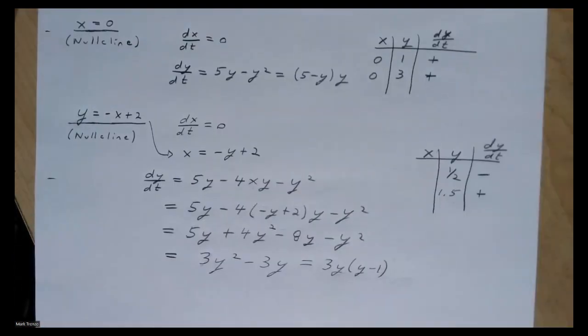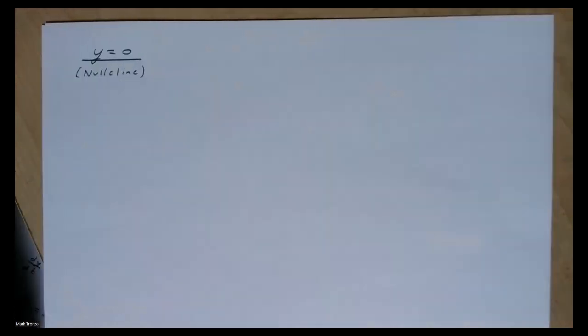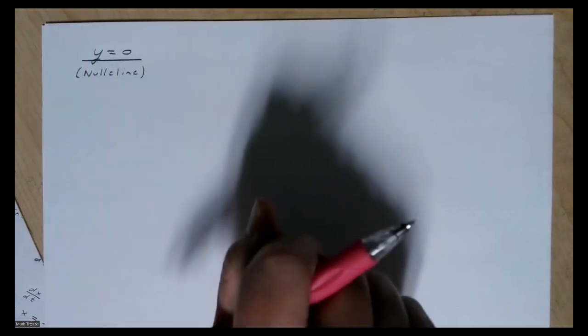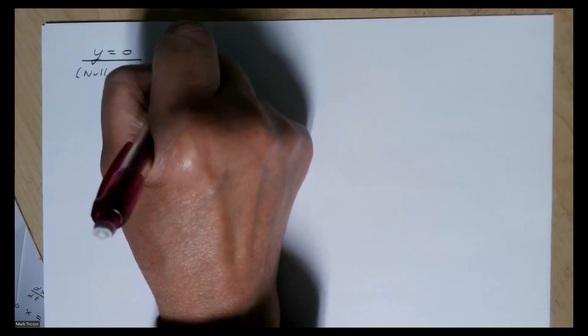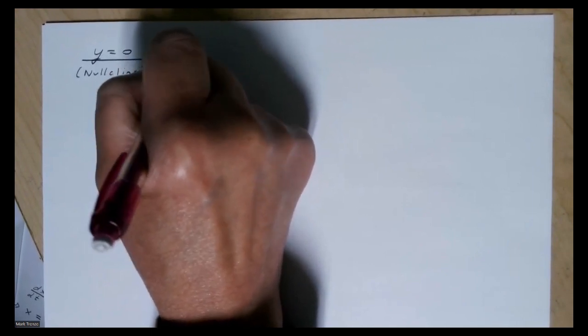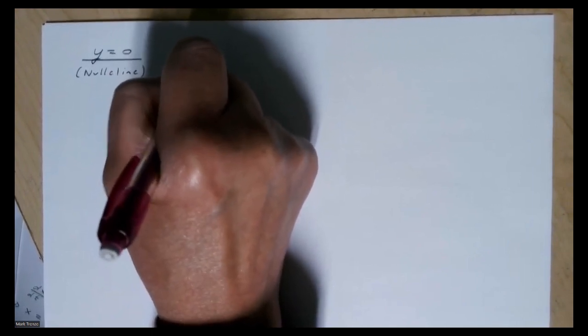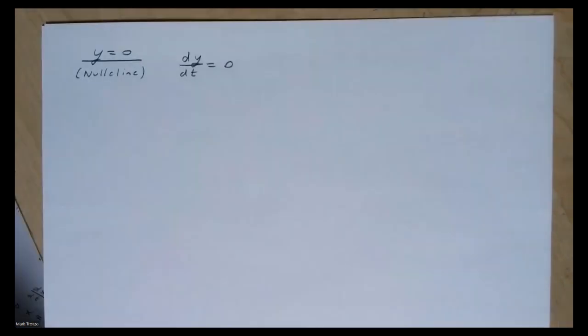So let's do another one. Now for the nullcline y equals 0. Again, that's the one along here. Since that's a y nullcline, we already know that dy dt is going to be 0.